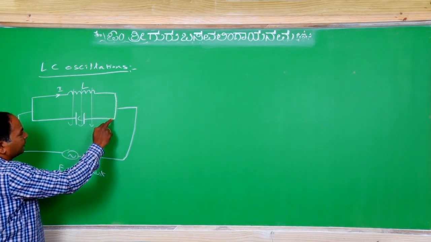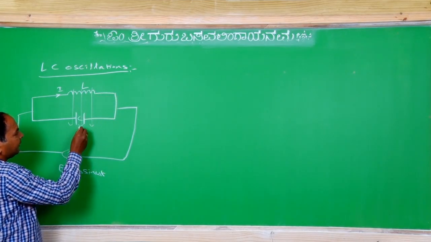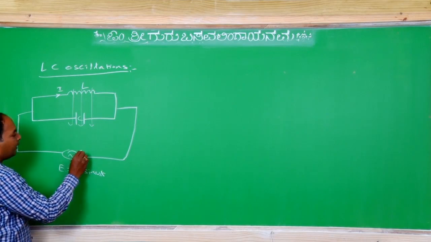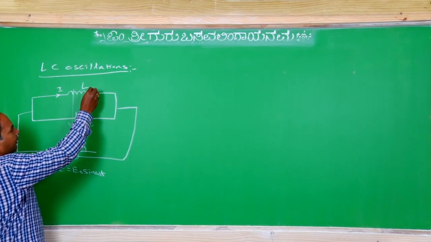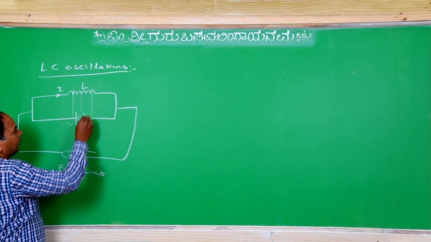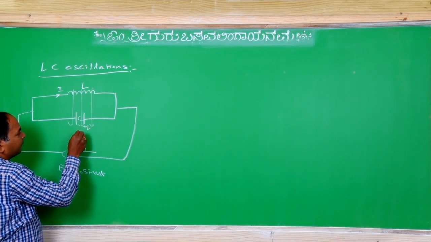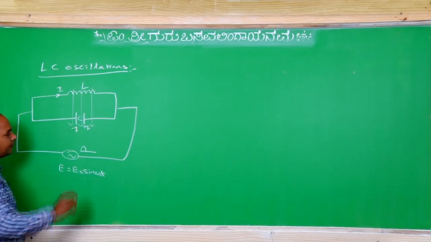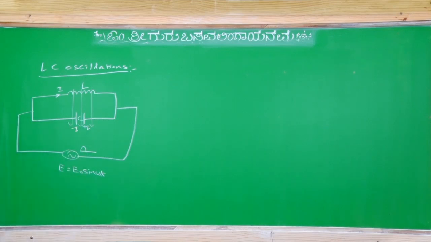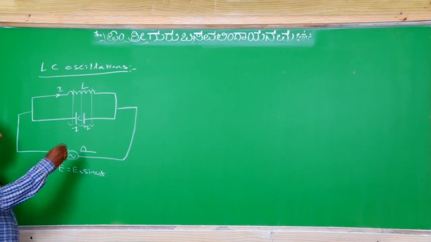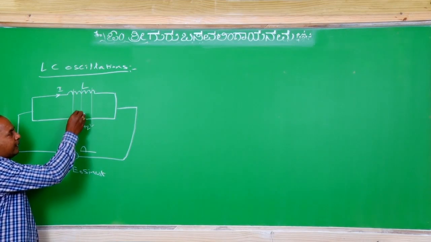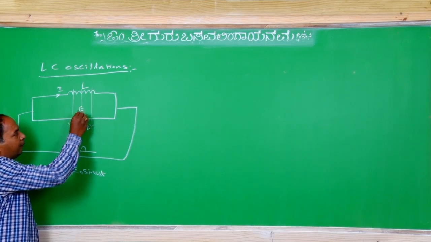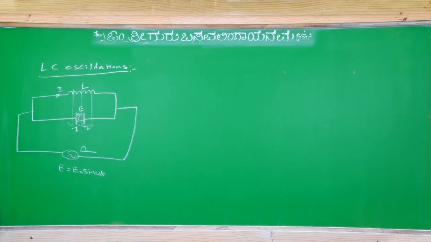Then the charge is coming to the capacitor. For the positive half pulse of the AC cycle, plus Q charge will be formed on the capacitor and minus Q charge is formed on the other plate of the capacitor. Then, already we know, between plus Q and minus Q charges, a powerful electric field is generated.